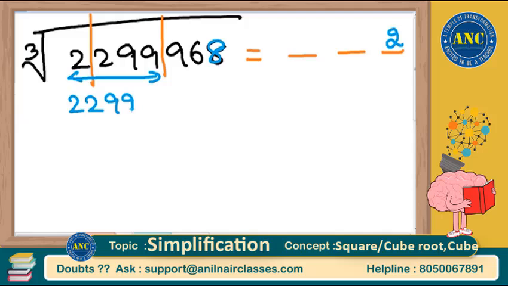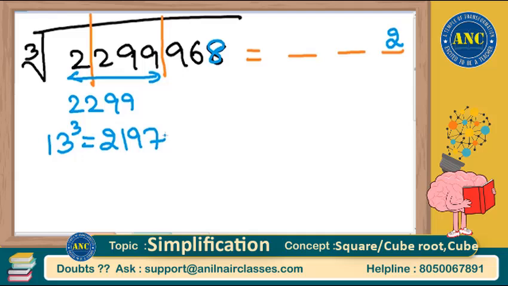Now think logically: which two cubes will 2299 lie between? That is what I am interested in finding. Can I take 13 cube as 2197, right? 13 cube is 2197.